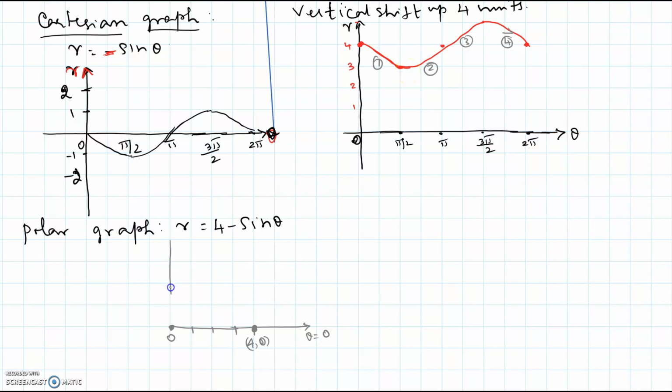This is the ray corresponding to theta equal to pi by 2. Here r decreases to 3. So the first part corresponds to this graph. It goes from 4 to 3.